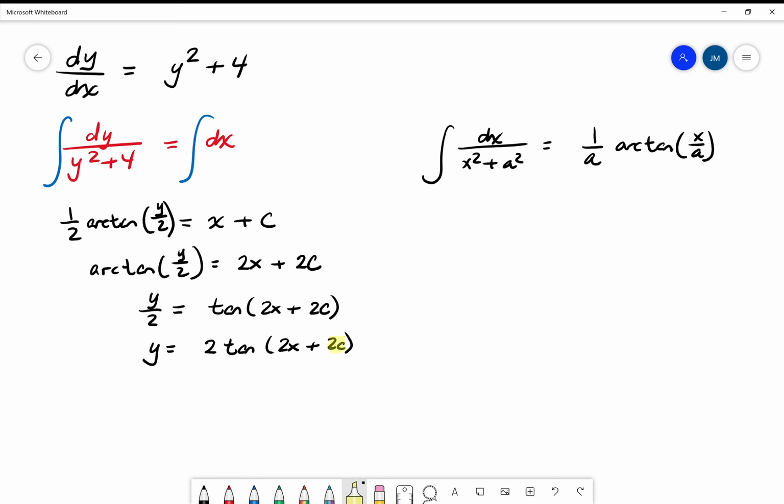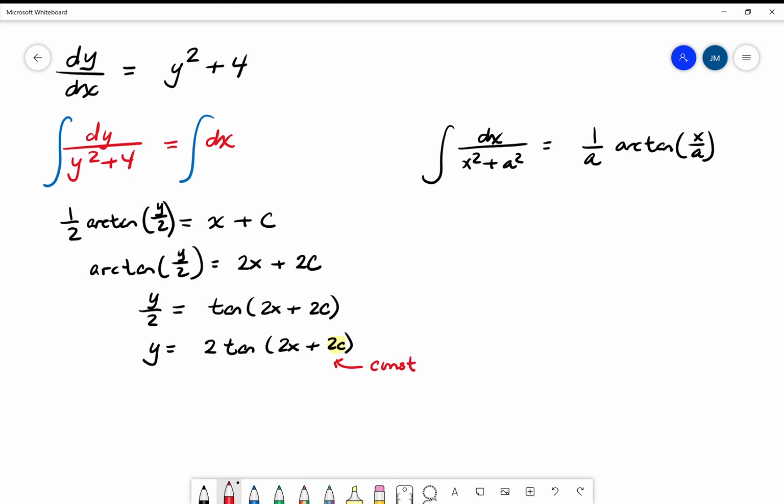This 2c right here is actually just a constant, right? So if c were a half, that 2c would be a 1. The idea is that whatever my c ends up being, it's going to end up just being another constant anyway.